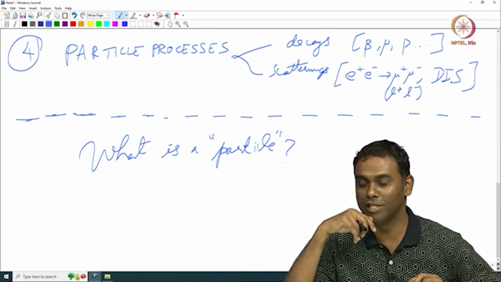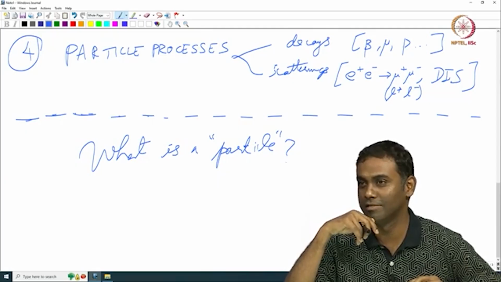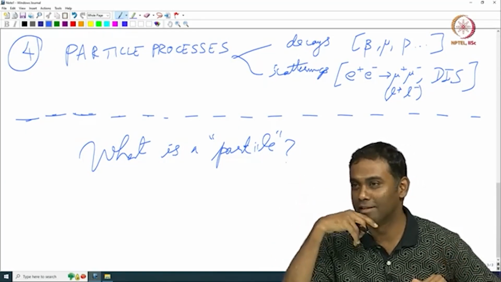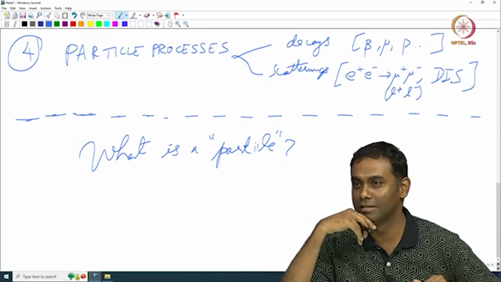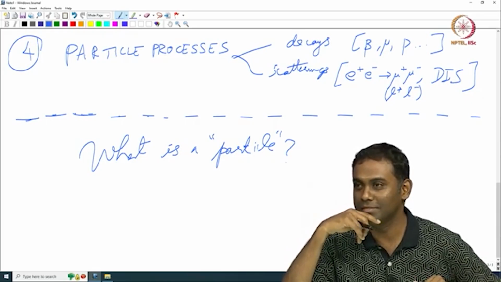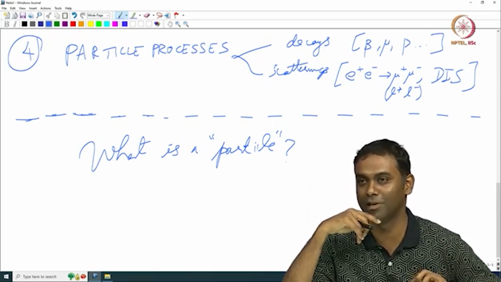Could any form of energy be a particle? Temperature is a form of energy, like the entire ambient bath has some average kinetic energy. Would that be a particle? Excitation of fields. Good. That's where we are getting at.